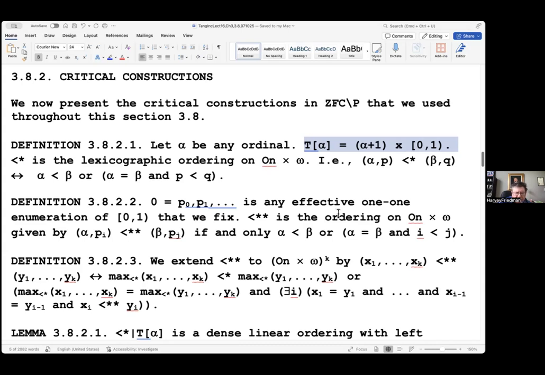It's given by either alpha is less than beta or I is less than J, where these are the rationals. So we have a vitally important dense linear ordering and a vitally important well ordering associated with it.